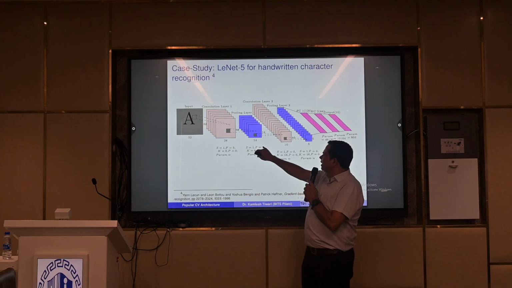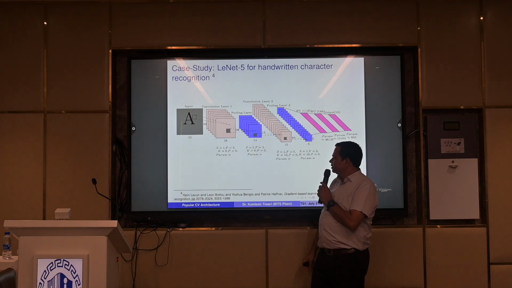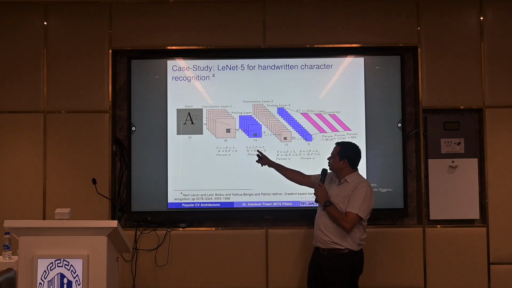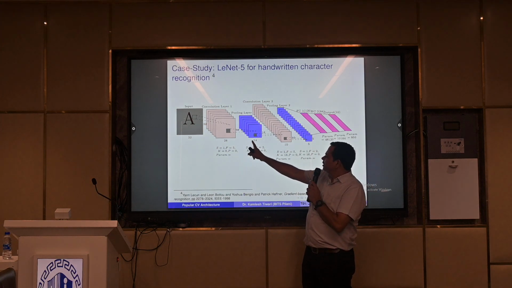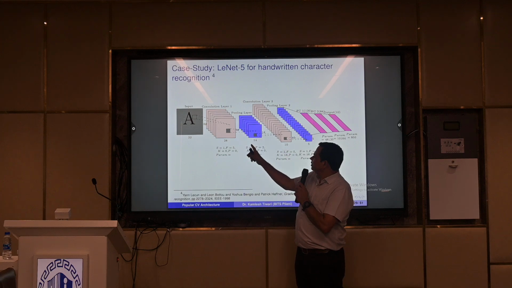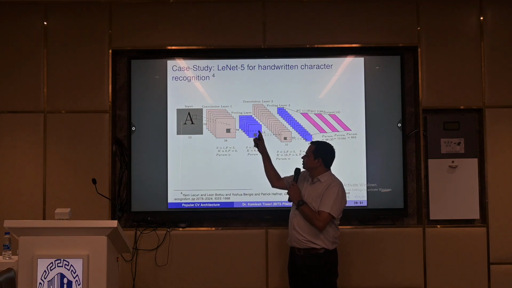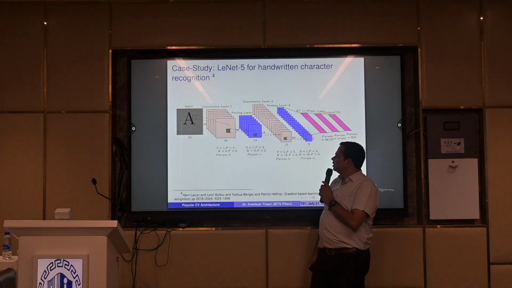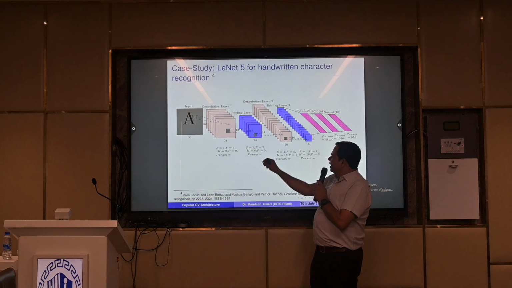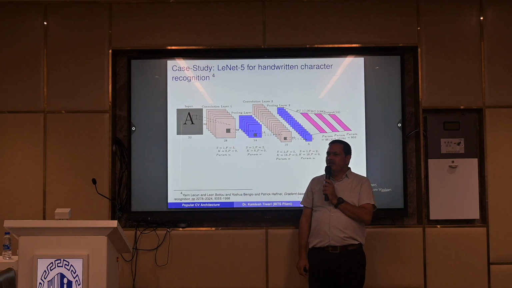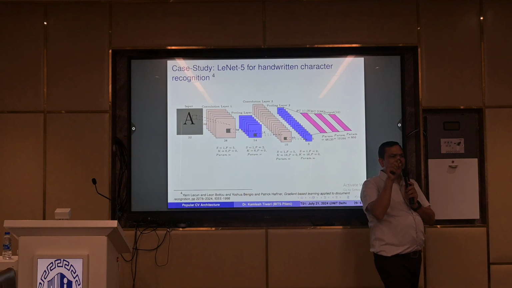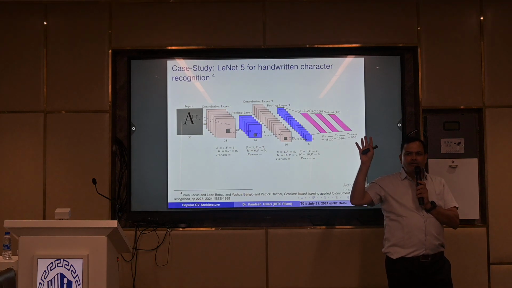Then it is going to apply a 2 cross 2 filter. How many? 6 such filters. Every filter generates one plane, so again you get 6 different things. Yes? Filter size is 2 cross 2. How many values does it have? A 2 cross 2 filter has 4 values.